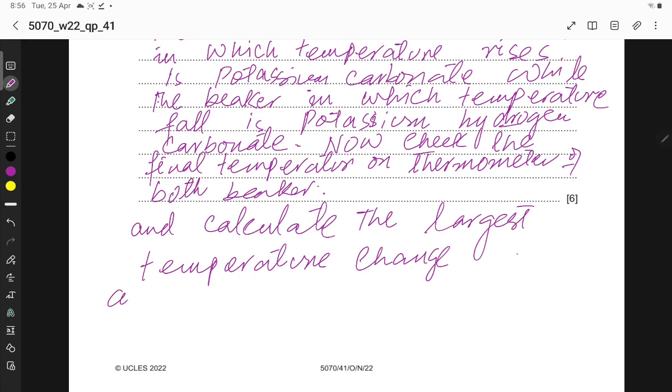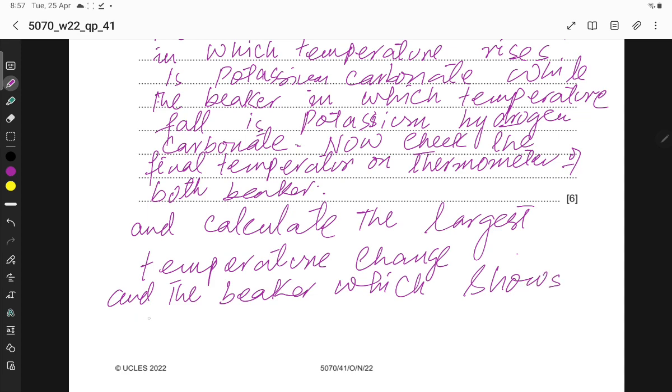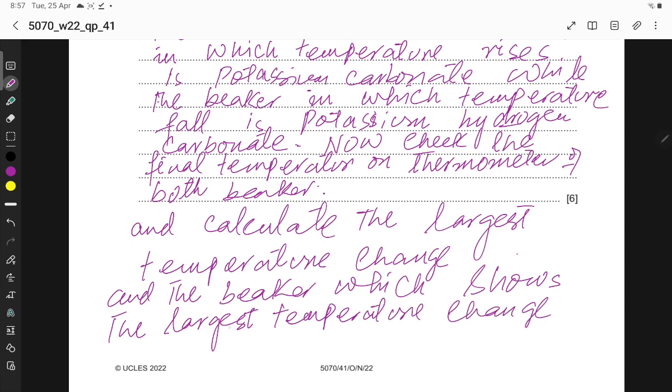The beaker which shows the largest temperature change is equal to the greatest heat change.